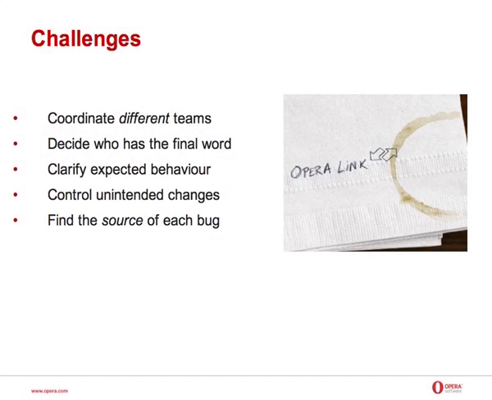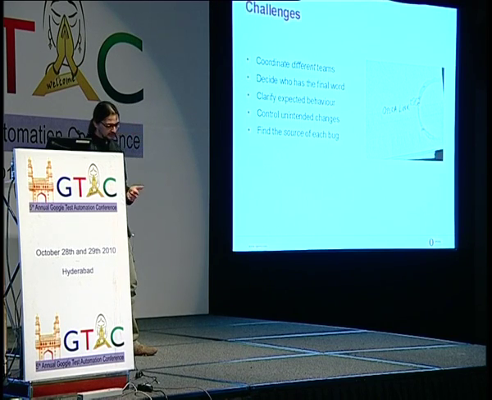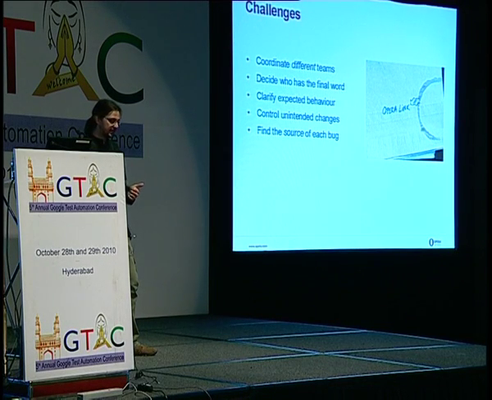So when we started that project, Overlink, we had a number of challenges. The first one was coordinating different teams. And here I'm emphasizing the word different because not only were there more than one, but they were actually very different teams.